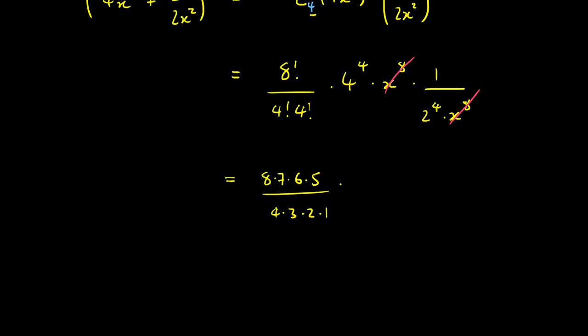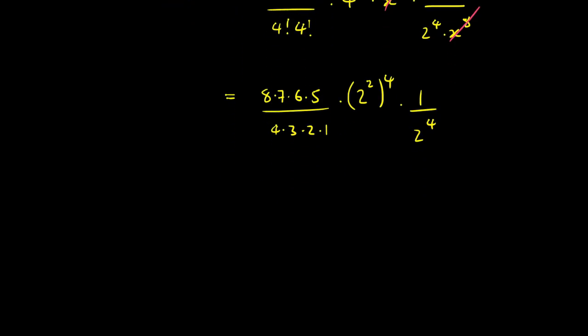We've got 4 to the power of 4. Well, I'll rewrite that, I think. I will call that 2 to the power of 2 to the power of 4. And then times by 1 over 2 to the power of 4. So how can we now simplify this? Well, look, 8 is the same thing as 4 times 2, right? So I can cancel off that, and I can cancel off a 3. So divide the 6 by 3 gives me 2. So let's try to simplify this.